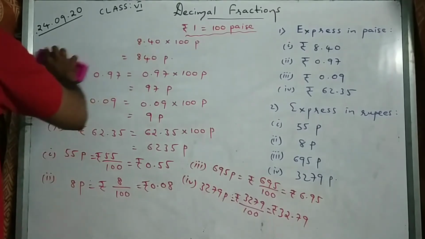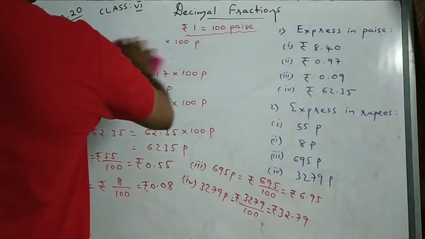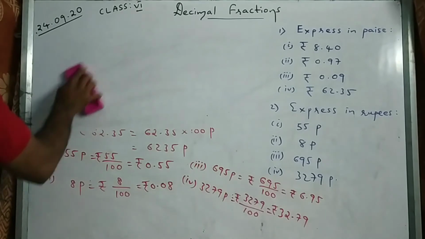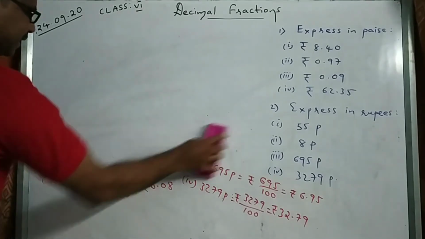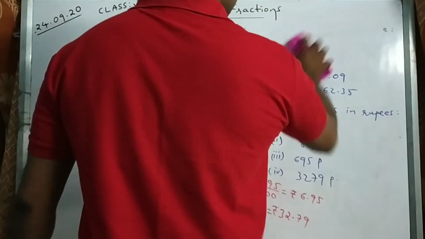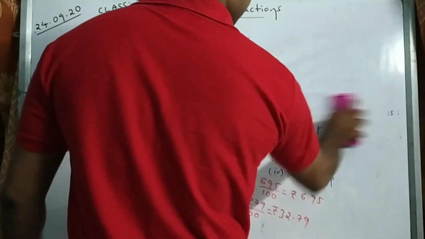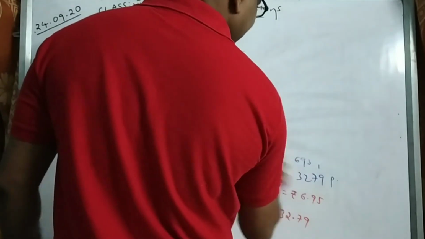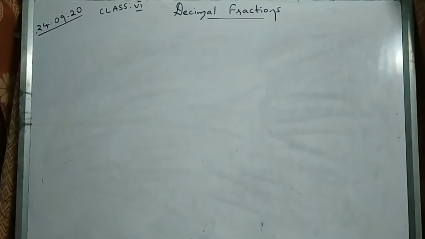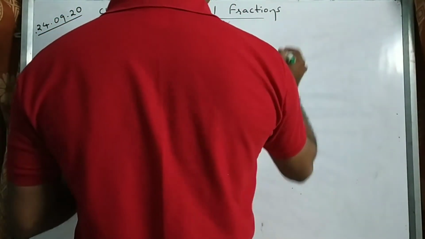Next. 1 meter is equal to how many centimeters? 100 centimeters. Very good. So on that we will do one question. Express in centimeters.